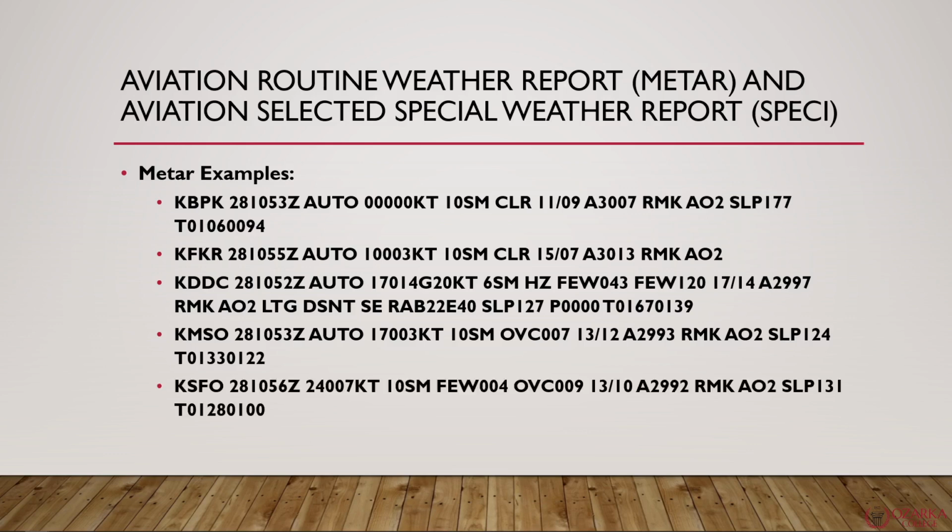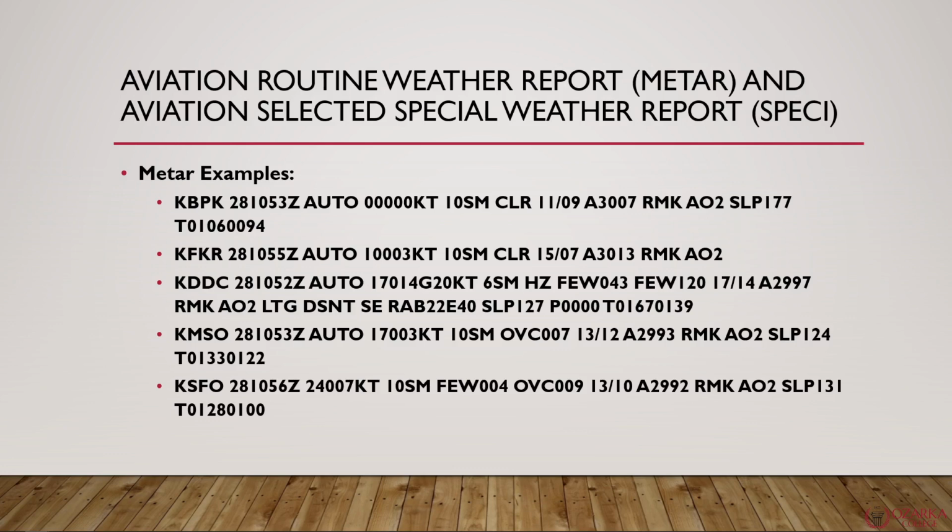Now this is from the San Francisco Airport, or Sierra Foxtrot Oscar, the 28th at 10:56 Zulu. The winds were 240 at 7 knots, 10 statute miles of visibility. There were a few clouds at 400. There was an overcast layer at 900. The temperature is 13. The dew point is 10.